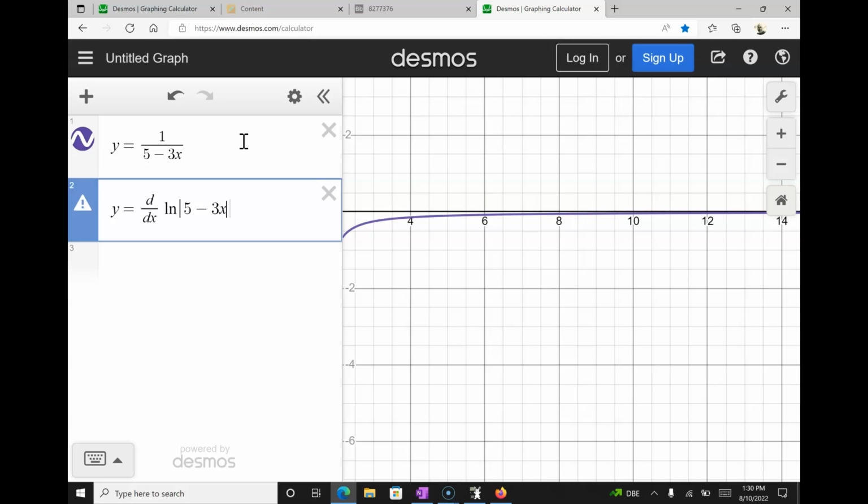I don't need the plus c. It'll just confuse everything. But negative 1 divided by 3. And it doesn't like something. What doesn't it like? It wants parentheses here. There it is. So put in the original function that I'm integrating as y, and then take the derivative of your antiderivative, and make sure they're matching.